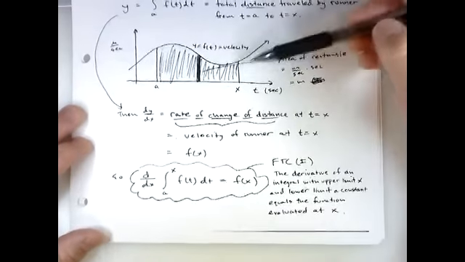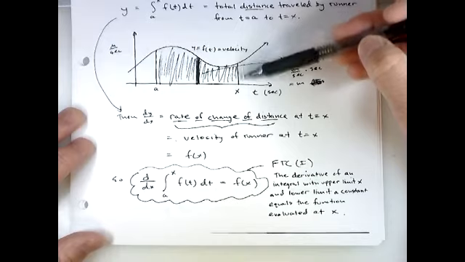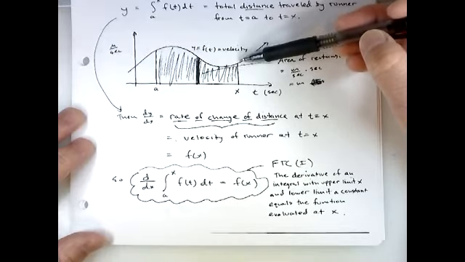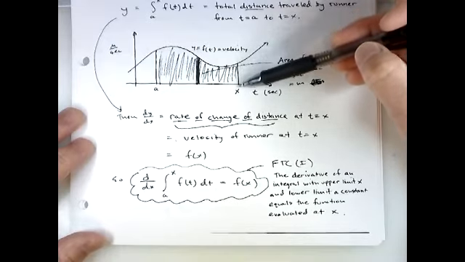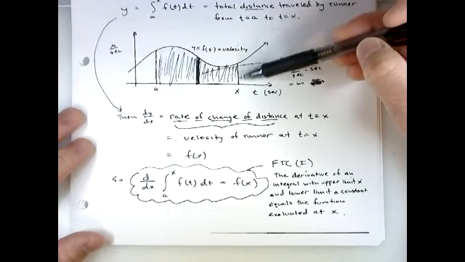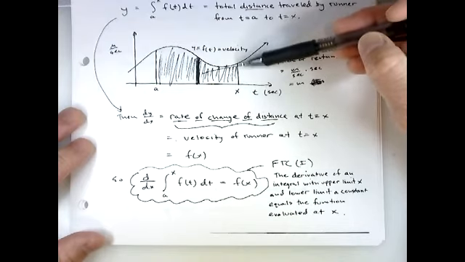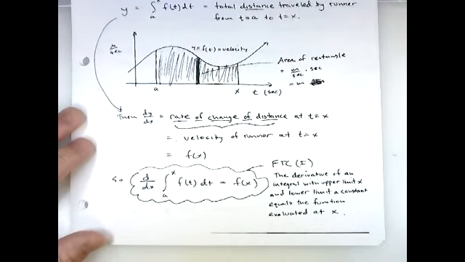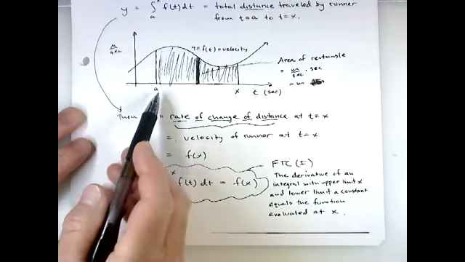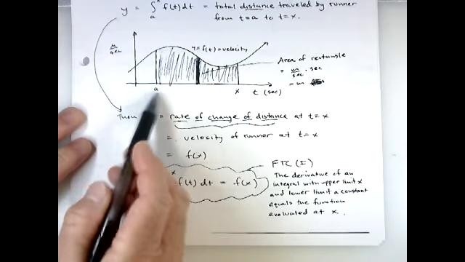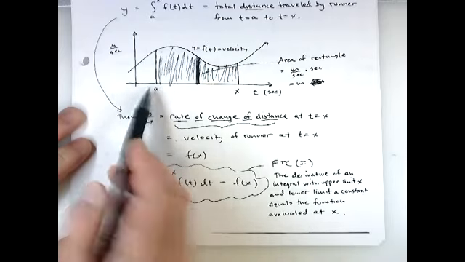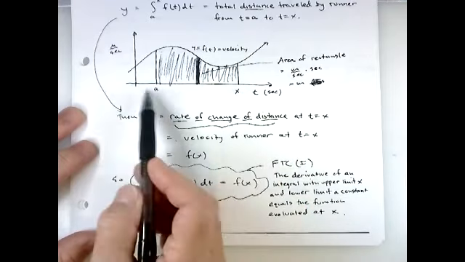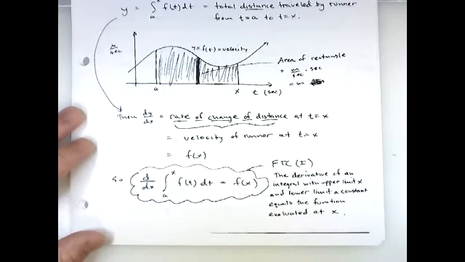Going back to the velocity distance explanation, that's just saying that the rate of change of distance at t equals x is just going to be f of x, right? Also, we can tell that it doesn't depend on a, right? We want the rate of change at t equals x, not on my lower limit. We don't really care about that.